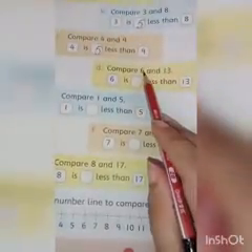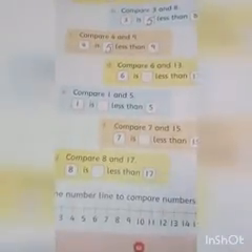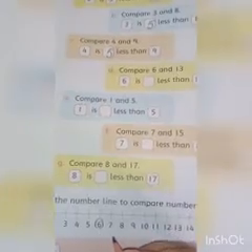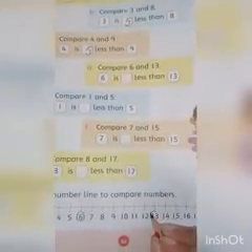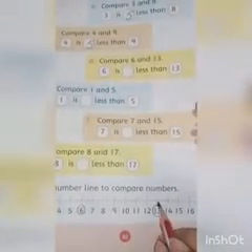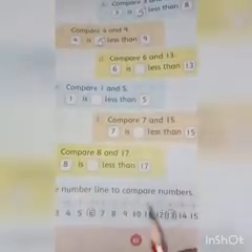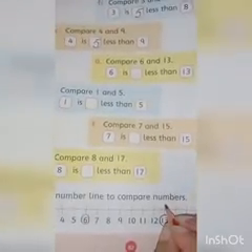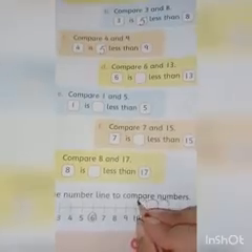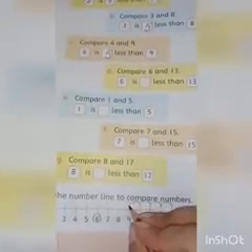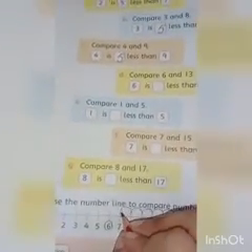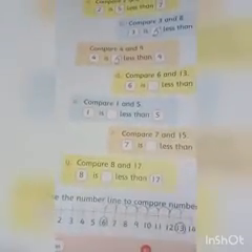First of all, we are going to find out these two numbers at number line. Here we have the number 6, which is our smaller number, and here we have the number 13, which is our bigger number. And now students, we are going to jump over the numbers and reach at the number 6. 13, 1, 2, 3, 4, 5, 6, 7.